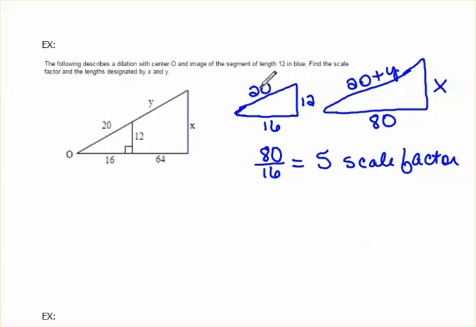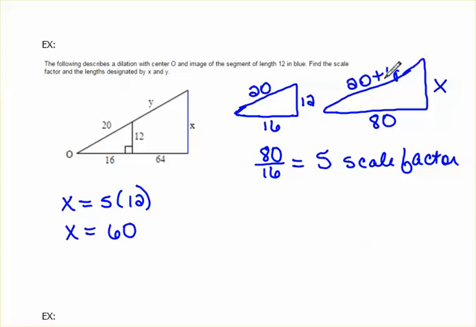Well, that helps us to figure out x very easily because we know that x here is going to equal 5 times this side of 12. So that means that x has to equal 60.